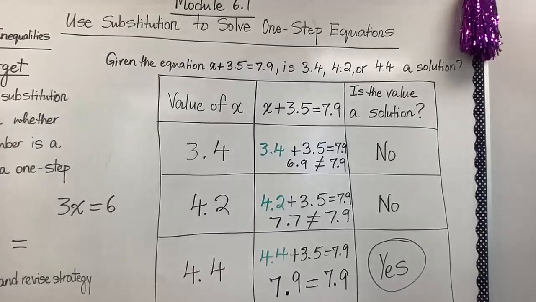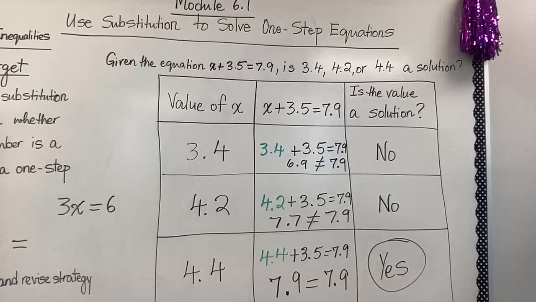And let's also use the guess, check, and revise strategy to find the solution of an equation. And so in the guess, check, and revise strategy to find the solution, we can begin by choosing a reasonable value for x.